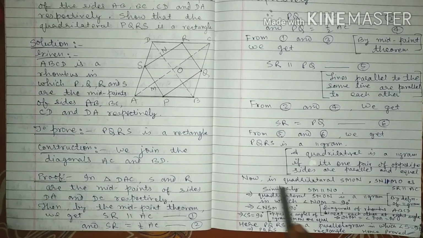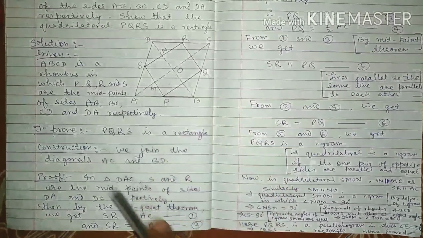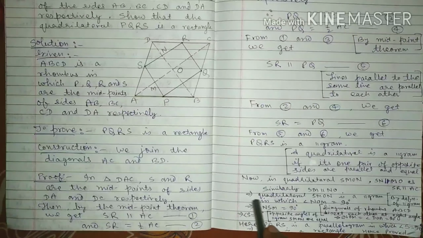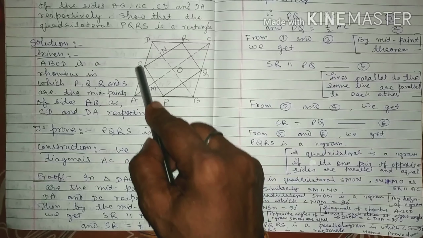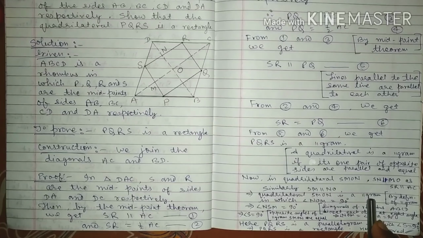Now, similarly, we write SM parallel to NO. From these two results, we write quadrilateral SNOM is a parallelogram by the definition of parallelogram in which angle NOM is 90 degrees. Why? Because diagonals of a rhombus bisect each other at right angle. This implies that angle NOM equals 90 degrees.